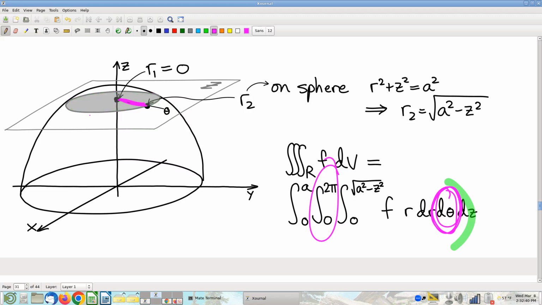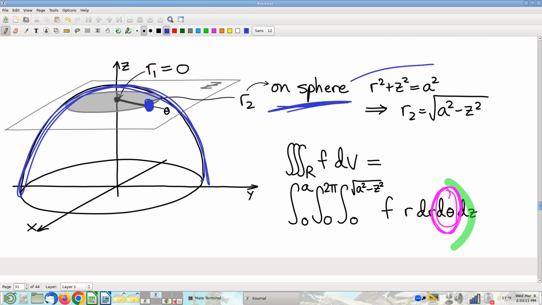Now, looking at a particular theta slice of our particular z slice, we want to know the range of values of r. The starting value of r is that point right there, which is clearly 0. The ending value of r is going to be at that point right there. What can I say about that point? That point is on our sphere, which has this equation.